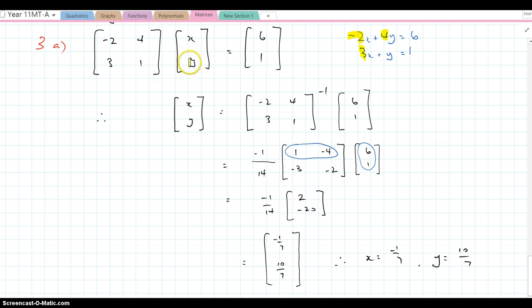We've got our xy matrix here, and over the right hand side of the equation we've just got our numerical solution matrix. So if you look at it, minus 2, as we do in rows and columns, minus 2x plus 4y equals 6, and that's how this matrix equation mirrors the algebraic one on the left there, that you're used to seeing from your previous work in simultaneous equations.